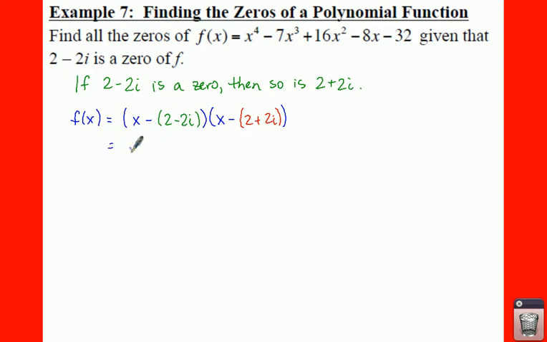So we're going to say f of x equals, and remember, distribute all your zeros through, so really nothing changes, but negative plus negative, negative. So when you write our equations, we get x minus 2 plus 2i, and then x minus 2 minus 2i.